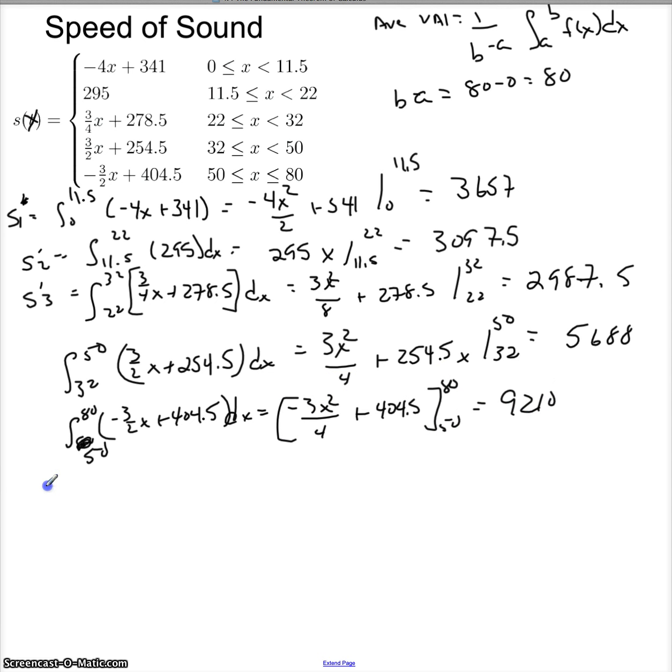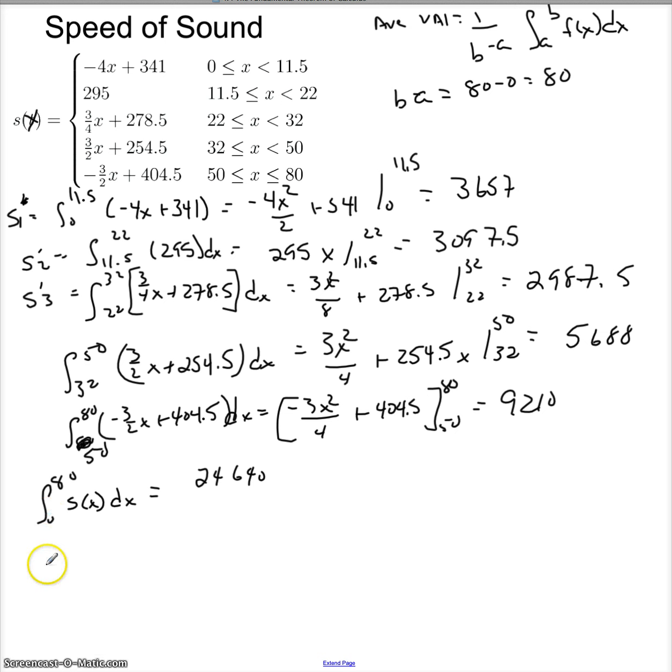So the integral from 0 to 80 of s of x dx is, I'm just going to add all these up, and I get 24,640.